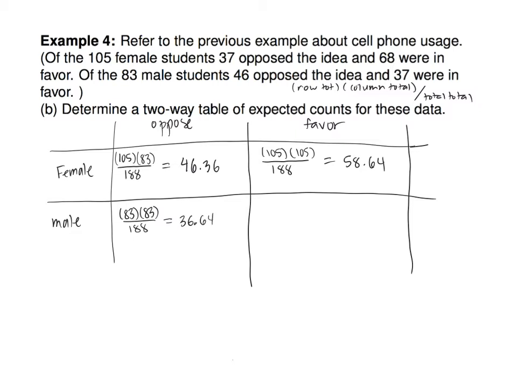And for the male in favor, 83 times 105 over 188, which is 46.36. Okay, so there are our expected counts, and you can see that they're definitely different than what we actually saw in the table itself.